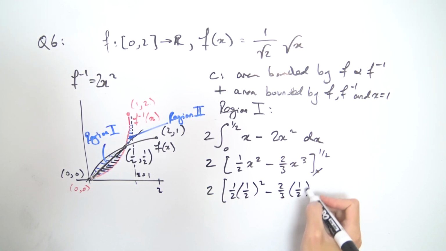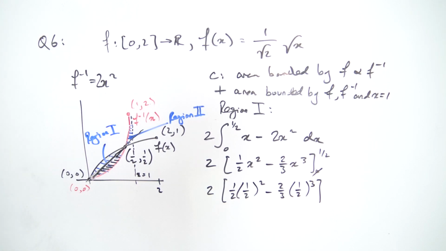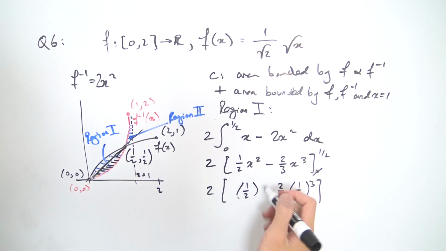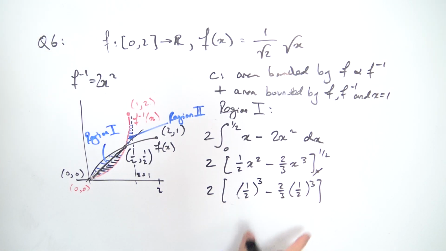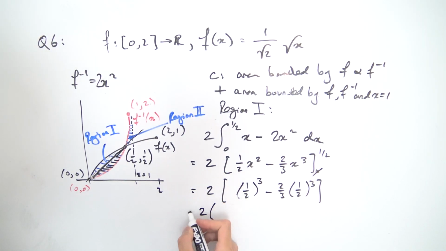times 1/2 cubed. And I did a nice little trick. I factored out 1/2 cubed. If you don't see it right here, 1/2 times 1/2 squared, well, you just add 1 to the exponent, which becomes 1/2 cubed. I factored out 1/2 cubed, and you get 1, and you get 2/3. So these are all equal. Forgot to put an equal sign.